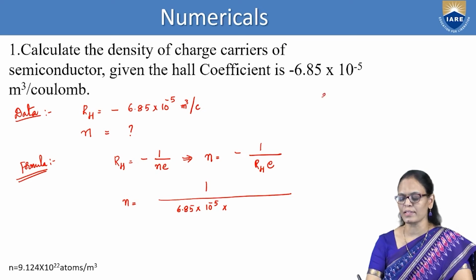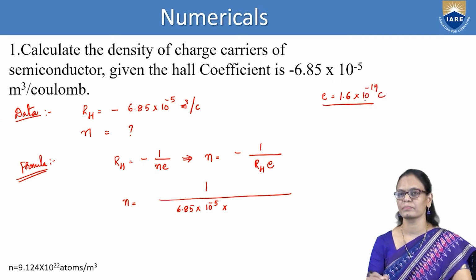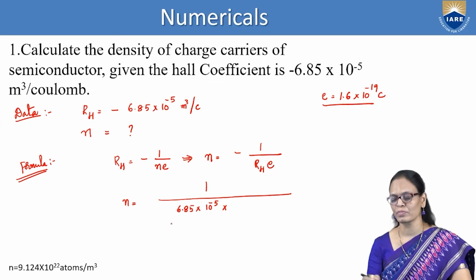E is a constant. The charge of an electron is 1.6 into 10 power minus 19 coulomb.